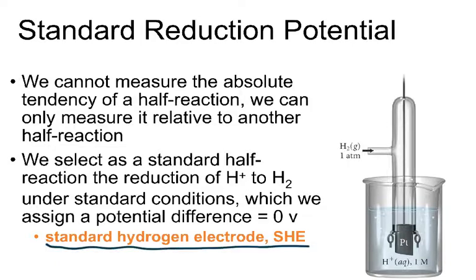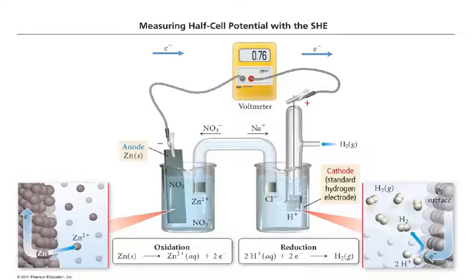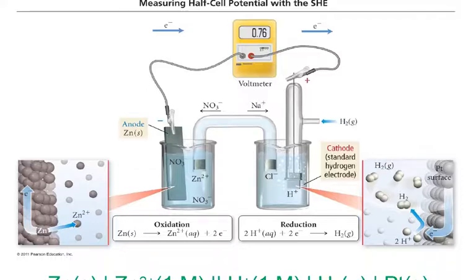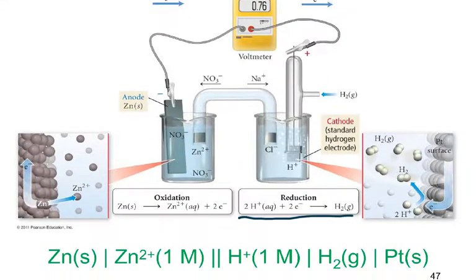That's the standard hydrogen electrode, or SHE, has a potential difference of 0 volts. So then we can compare all of our other reactions to this standard hydrogen reduction.